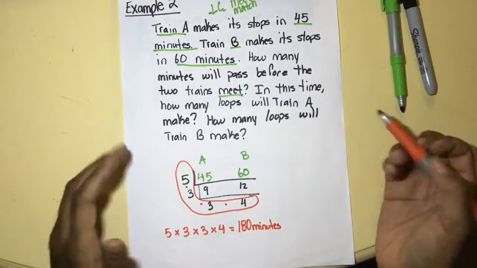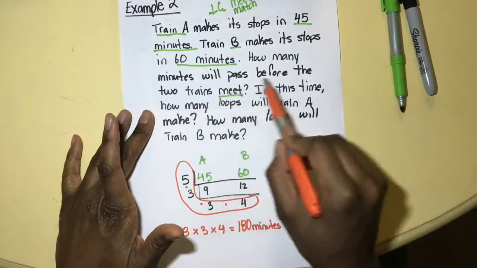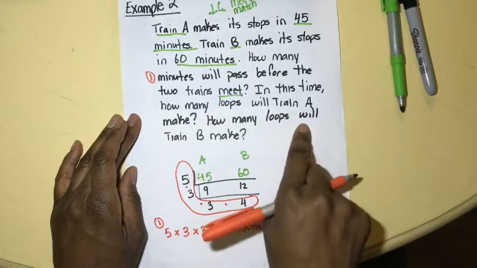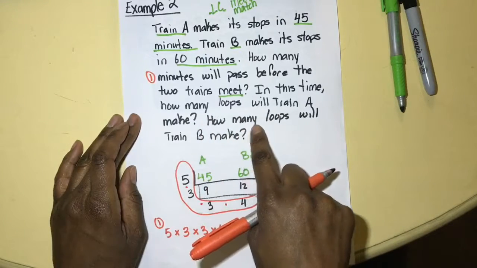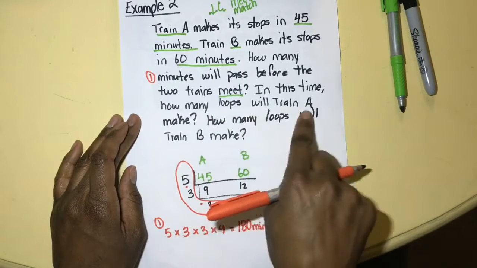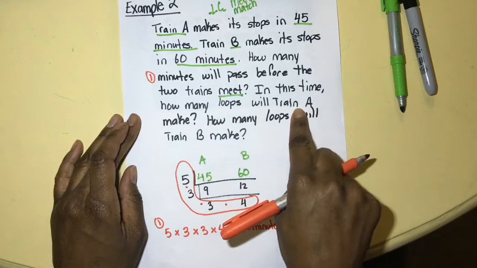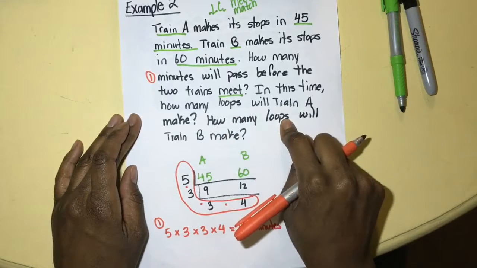Now the question, so that was question 1. How many minutes will pass? So that's the answer to question 1. Question 2 is, how many loops will train A make? It's kind of 3 questions. How many loops will train A make? How many loops will train B make?